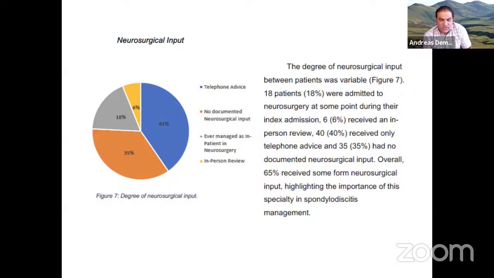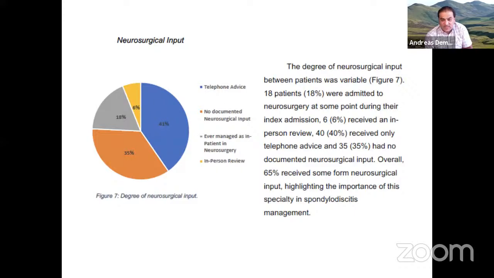What was the neurosurgical input? And this was a question that I let my microbiology colleagues assess because it was less biased. So they found that the neurosurgical input was variable.